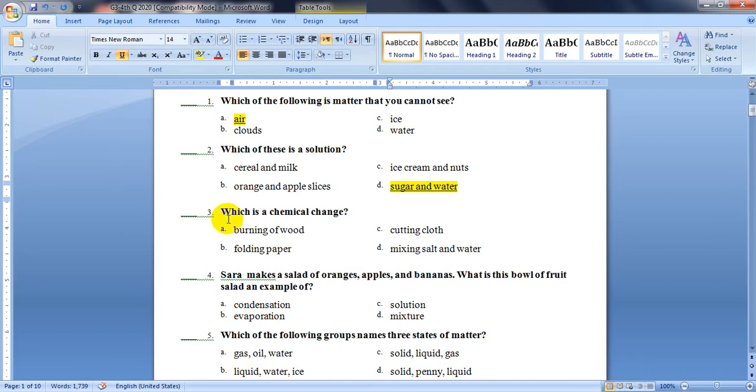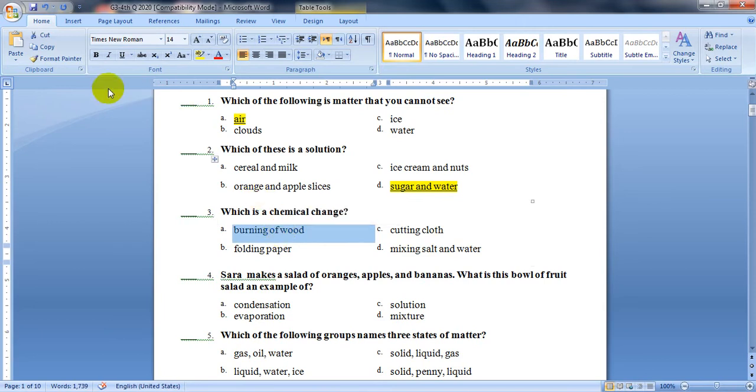Number 3. Which is a chemical change? Do you remember what is a chemical change? It's a change in which new kinds of matter will be formed. Which here is a chemical change? Burning of wood, folding a paper, cutting cloth, mixing salt and water. The answer will be letter A, burning of wood.